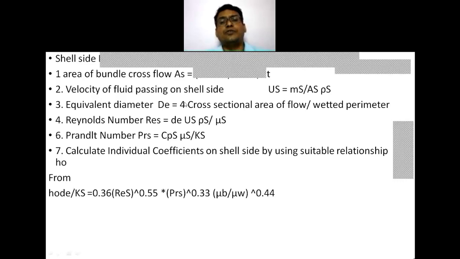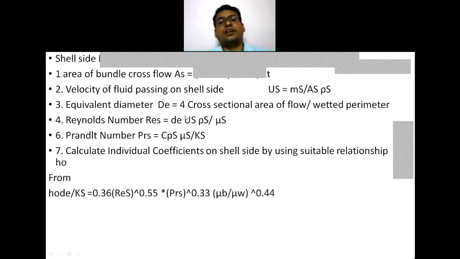Then the velocity of the fluid on the shell side, U, is equal to the mass flow rate on the shell side upon the area of cross section of the shell side, and rho s is the density of the fluid flowing through the shell.